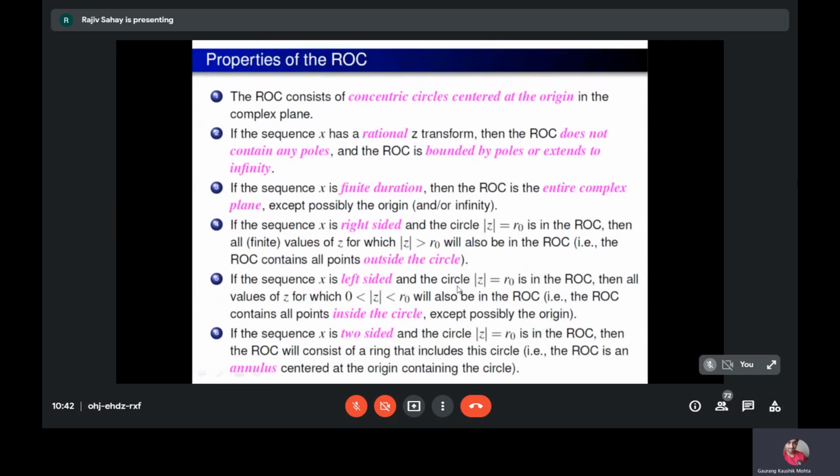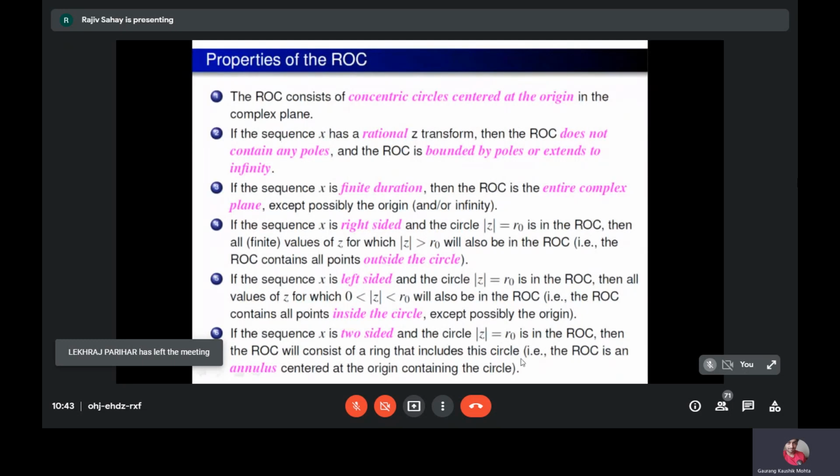Again, if the sequence x is left-sided, as I have shown you, beta to the power n u of n naught minus n, then the ROC will be mod z greater than 0 and less than r naught. So the ROC will be inside the circle. And if the sequence is two-sided, that means both the right side and the left side of the origin exist for the sequence, then the ROC will consist of a ring, mod z greater than r naught and less than r1, where both r naught and r1 are greater than 0.